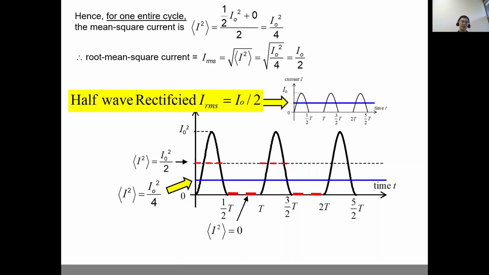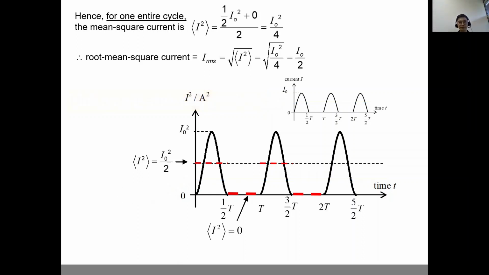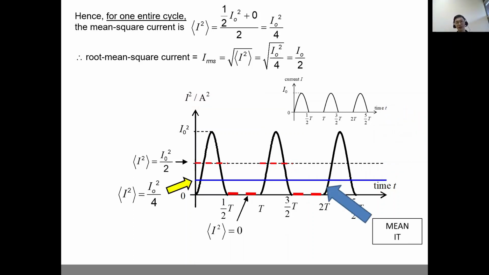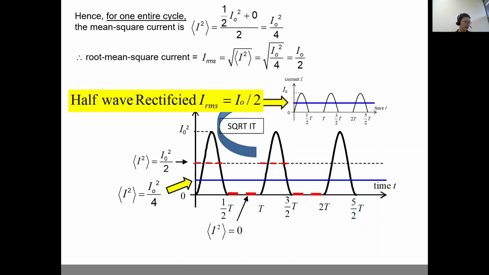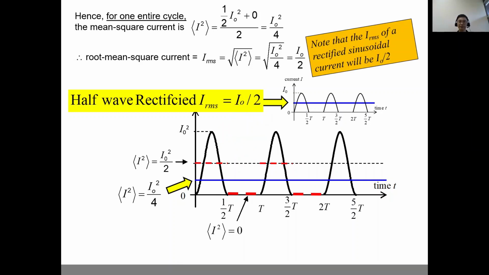You find that the root mean square value of a half wave rectified sinusoidal wave is I0 over 2. Graphically, it means take the graph, you square it, take the mean, you square root it, you get back this value.